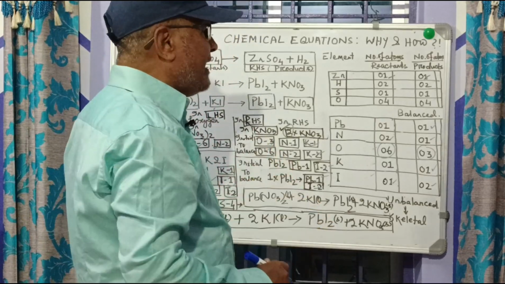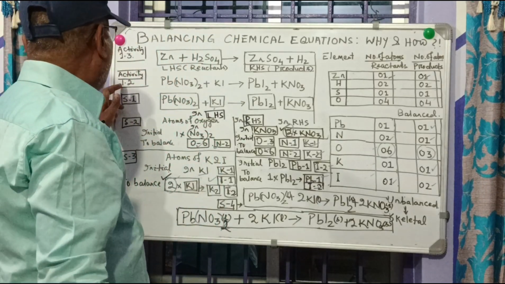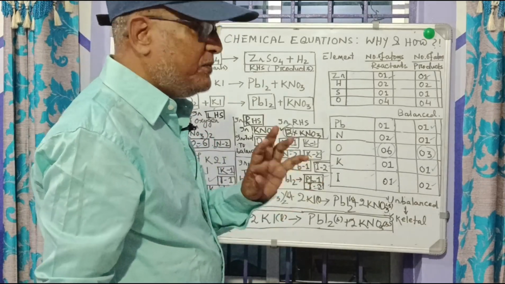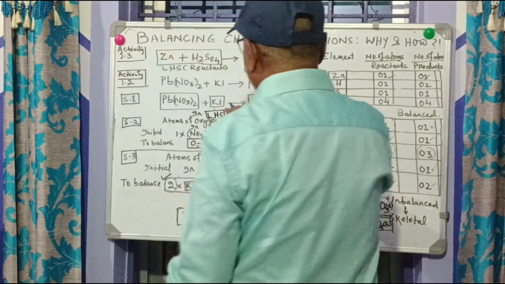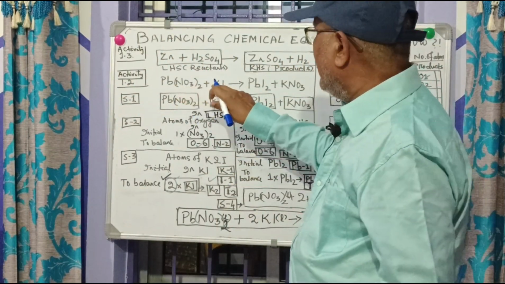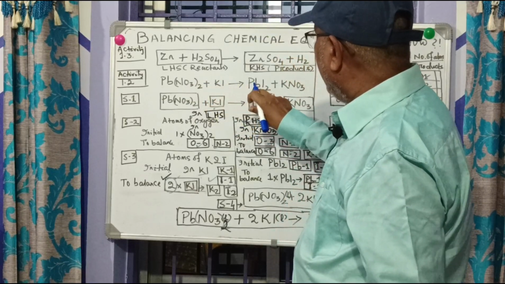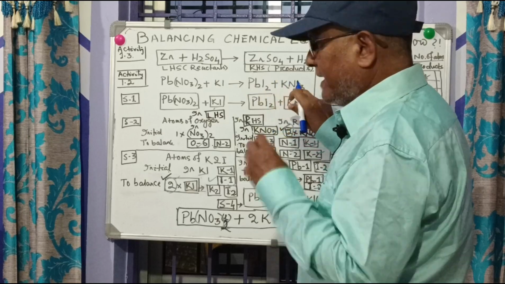So let's take another example that we have taken from activity 1.2 of your NCERT textbook. Now look at this: lead nitrate reacts with potassium iodide to form lead iodide plus potassium nitrate.